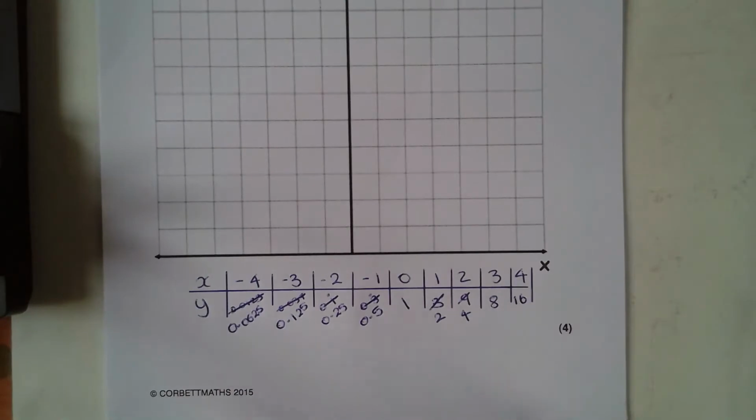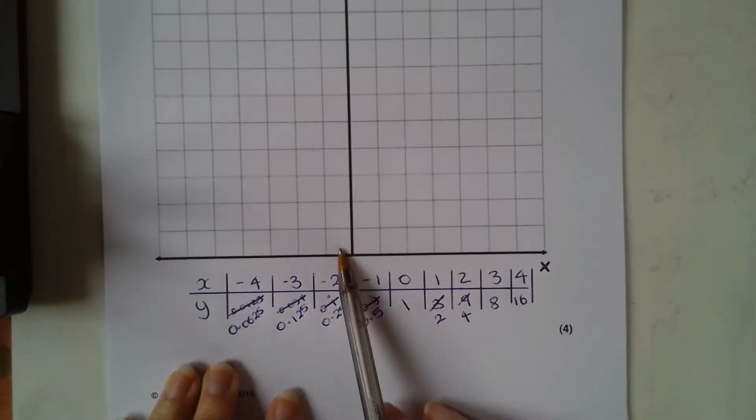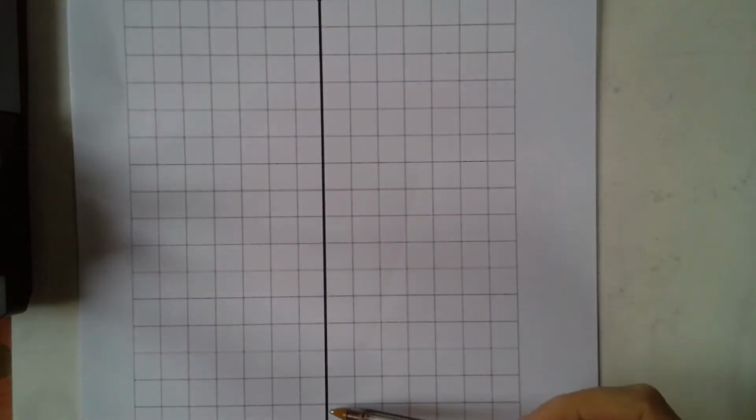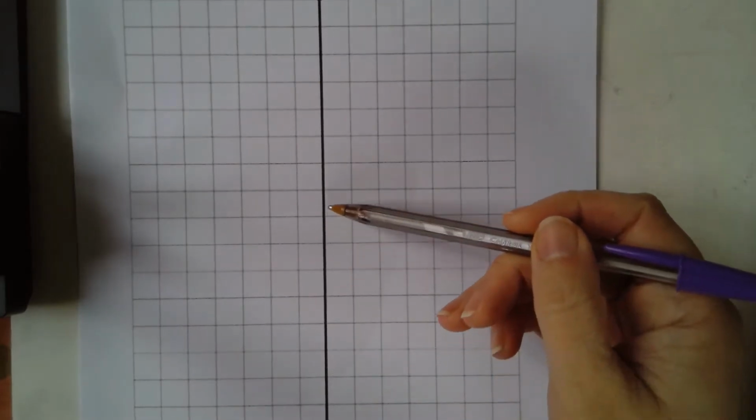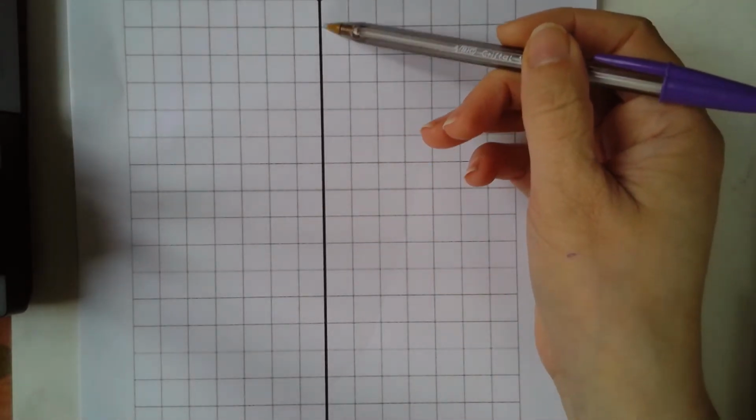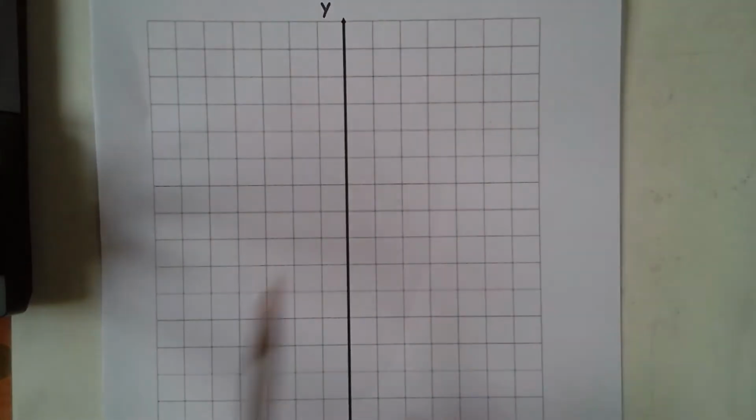So what kind of a scale do we need? Well, we need our y to go from 0 up to 16. 1, 2, 3, 4, 5, 6, 7, 8, 9, 10, 11, 12, 13, 14, 15, 16. There are 16 squares, so that's rather handy.